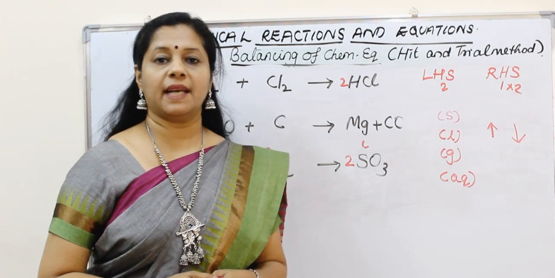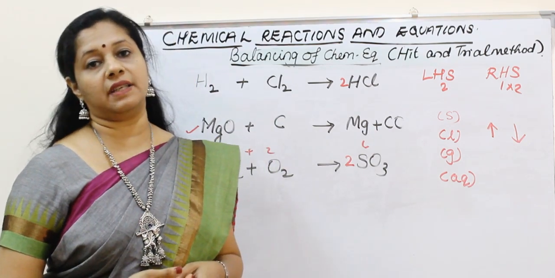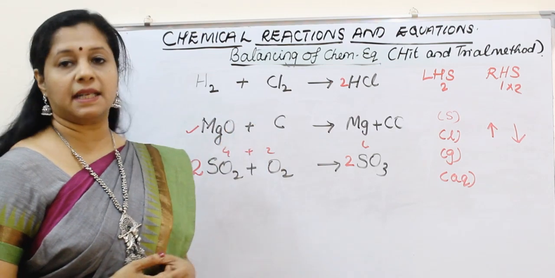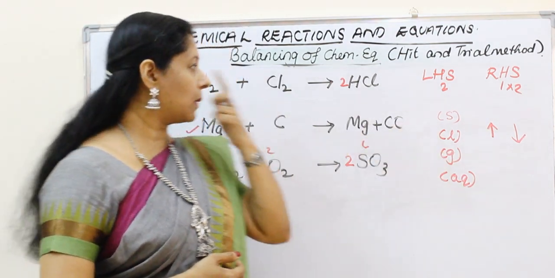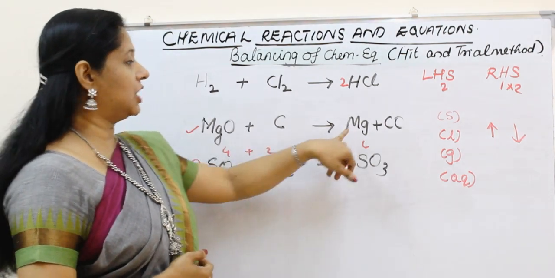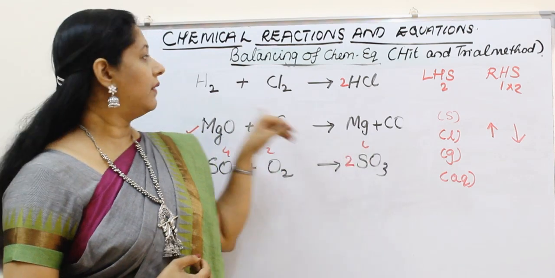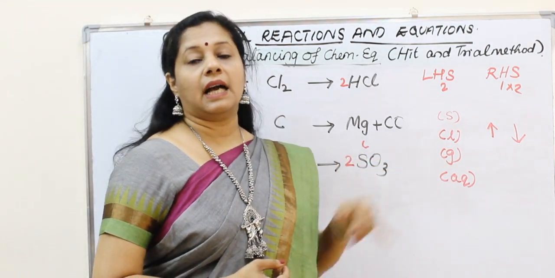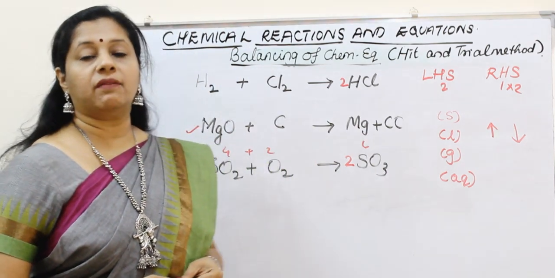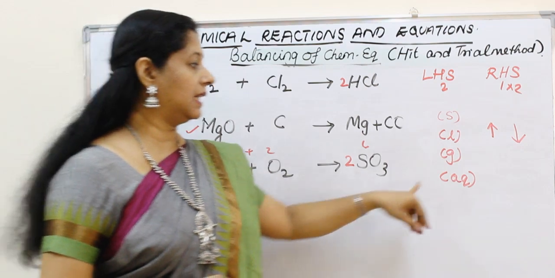Further to balancing, we can make the equations all the more informative by giving the states of the different substances participating in the reaction. If it is a solid, we give S within brackets. For example, here magnesium we can give S within brackets to show that this is solid. Whereas hydrogen is a gas, so within brackets we give G. If it is water or a liquid, we write L. And if it is dissolved in water like a solution, then we give AQ.